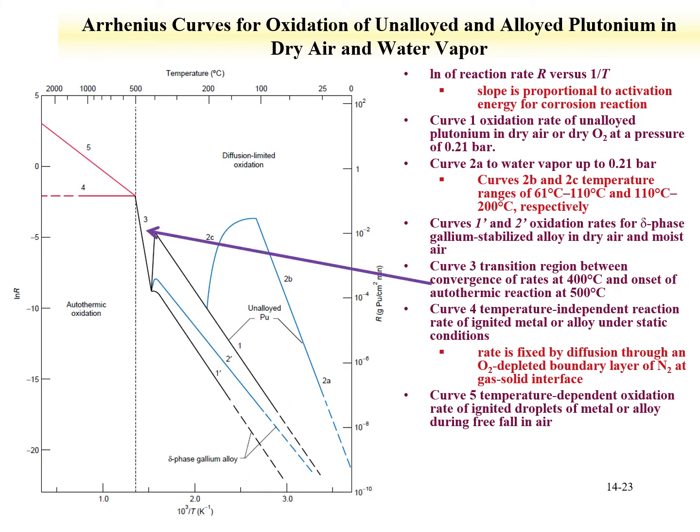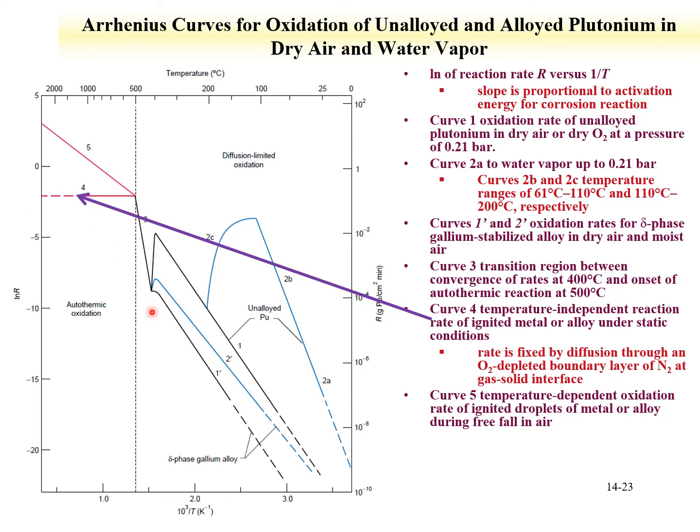Now, if we look over here at this curve, this is a transition. At higher temperatures, we start to see an autothermic reaction, and this is the transition zone. So these rates, at higher temperatures, the rates are definitely getting higher. And over here, we see that there's a temperature-independent rate.